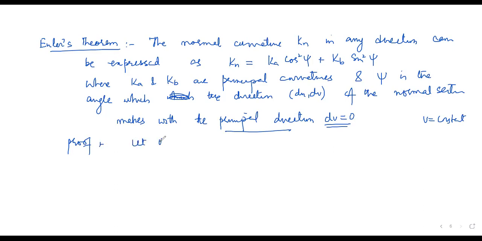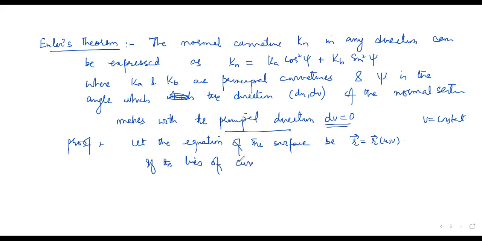So let the equation of the surface be as usual R is equal to R at UV. If the lines of curvature are taken as parametric curves, then, as we know from previous theorem, f is equal to 0 and m must also be equal to 0.